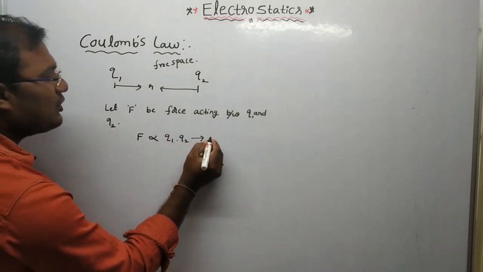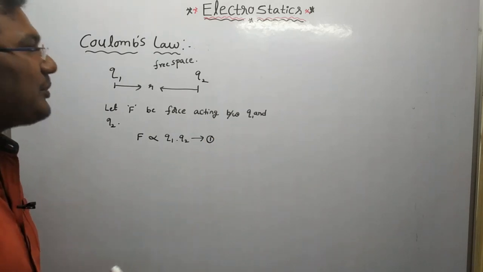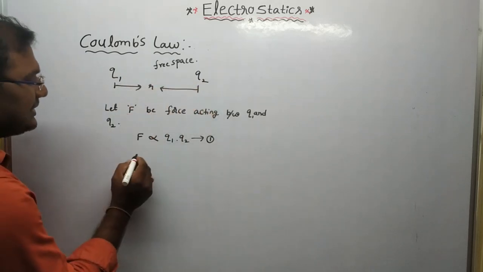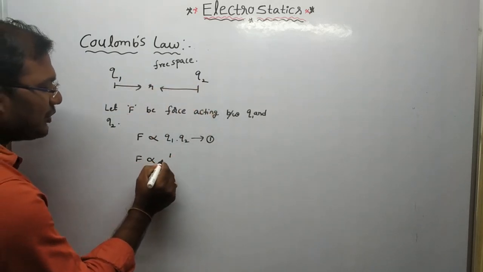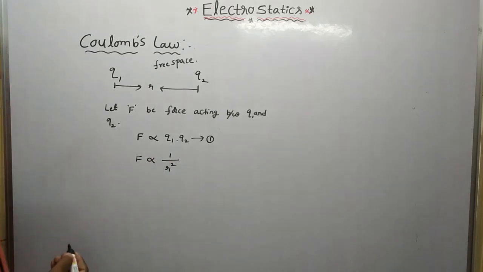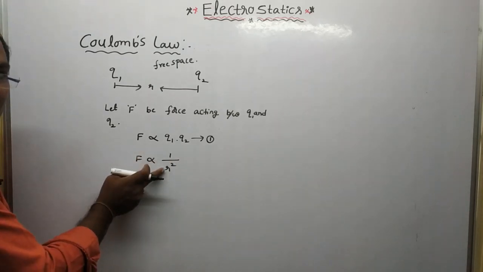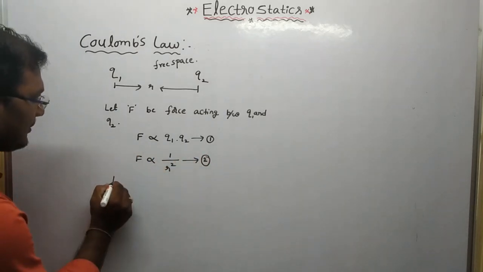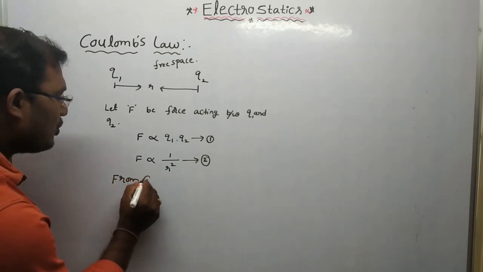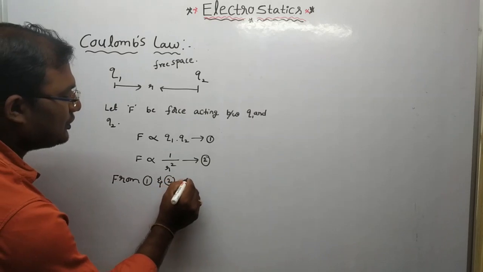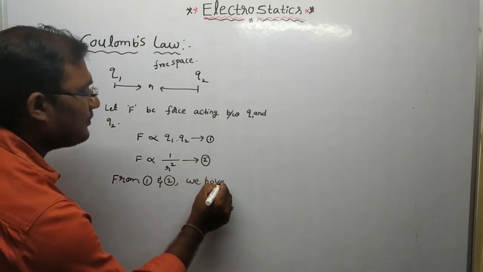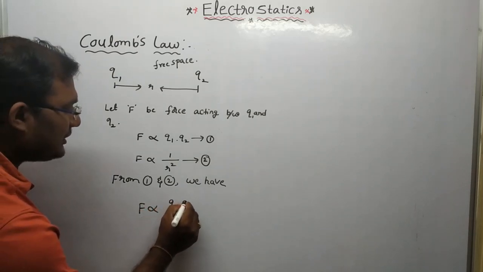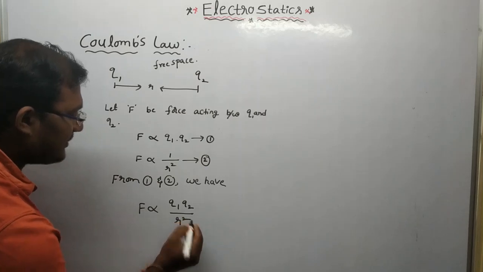That is equation number 1. And also it is inversely proportional to the square of the distance between Q1 and Q2. That means F is inversely proportional to 1 by r square. That is equation number 2. From 1 and 2 we have F proportional to Q1 Q2 by r square.